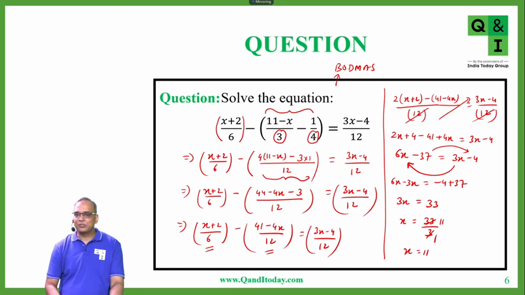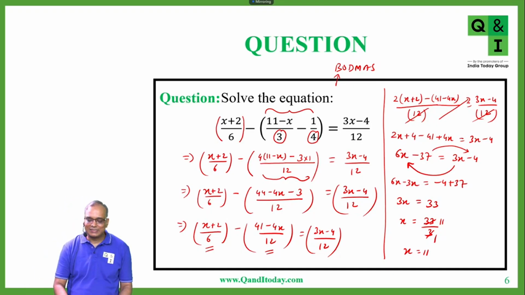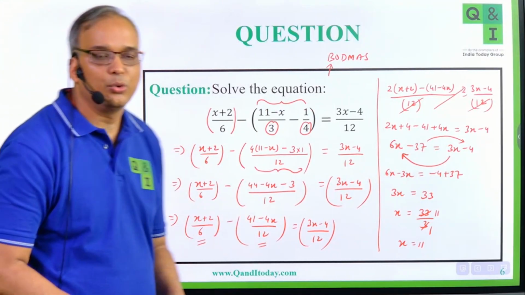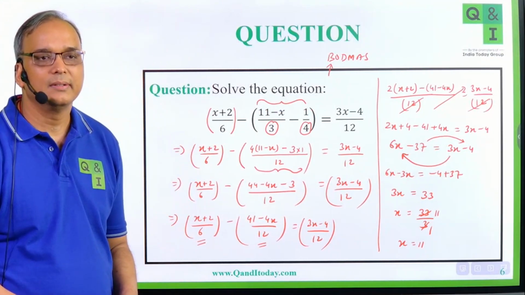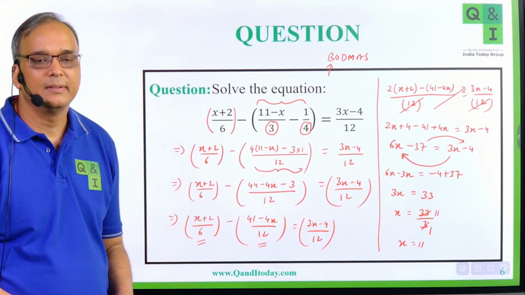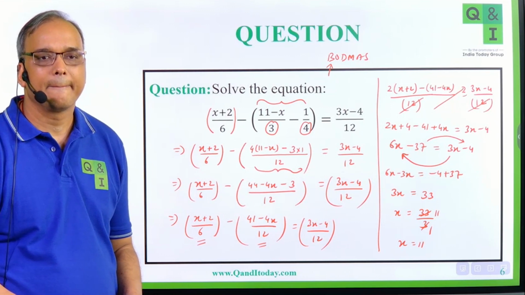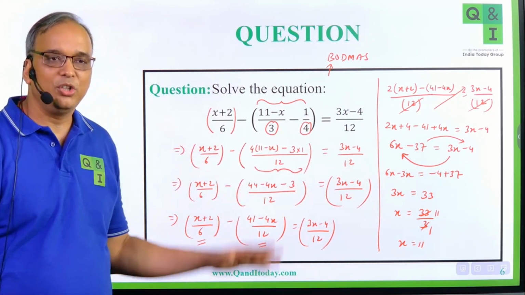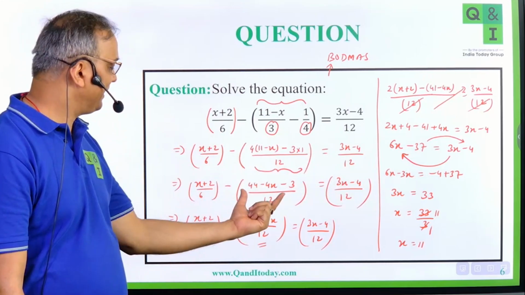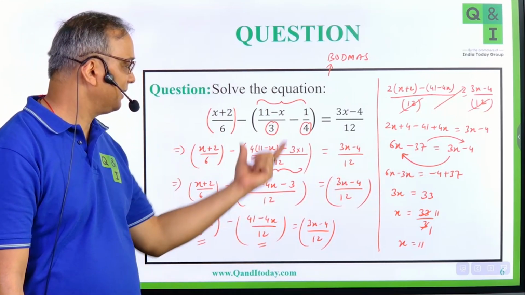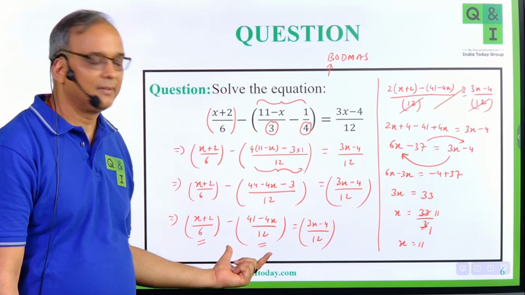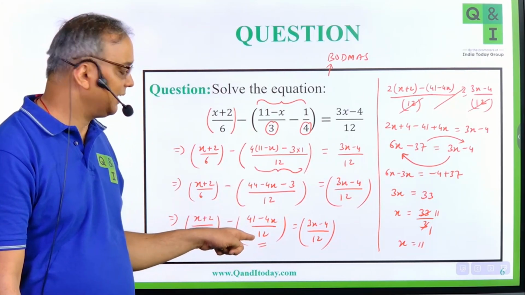Is it clear, students? Are all the steps clear? Do you have any doubt? Have you understood all the steps? How many of you could get the bracket thing correct? The one which was inside the bracket, the first step, where I've got 41 minus 4x by 12.